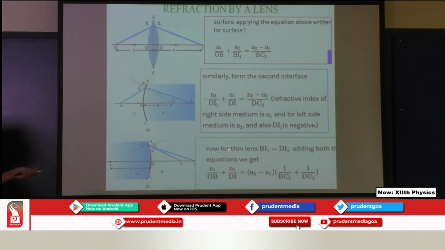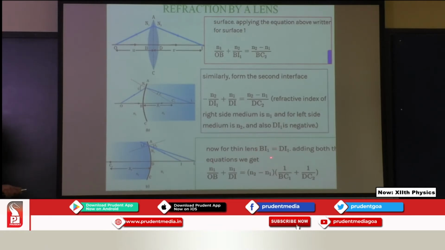Proceeding further, now we can think of having a very thin lens. So, we can ignore the thickness. So, we can say that BI1 equals DI1. Where is it? These distance. I am having an approximation that I am using a thin lens. So, this thickness I can ignore and I can say that BI1 is equal to DI1.